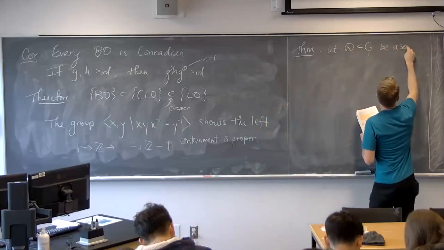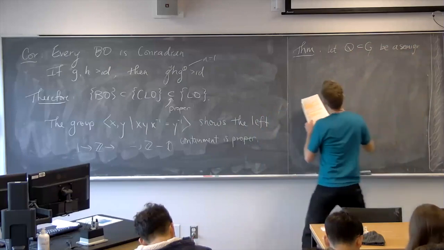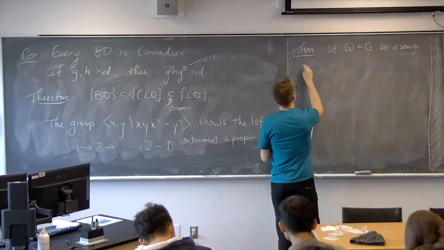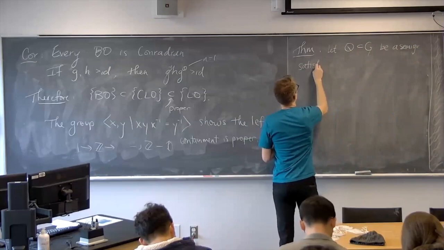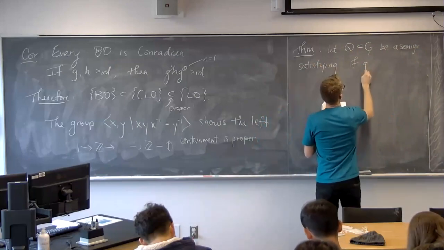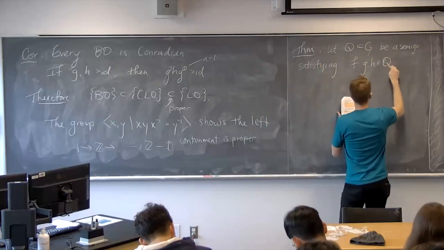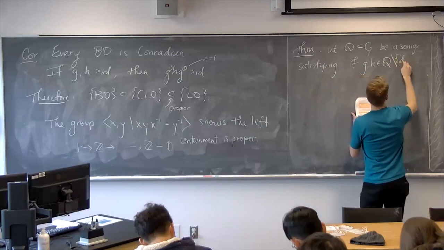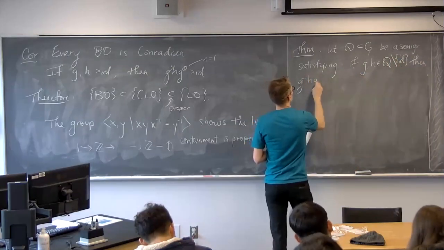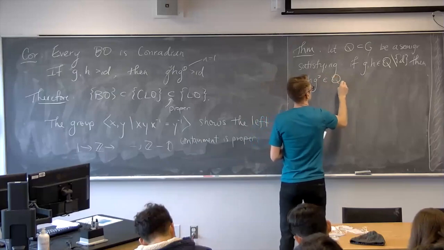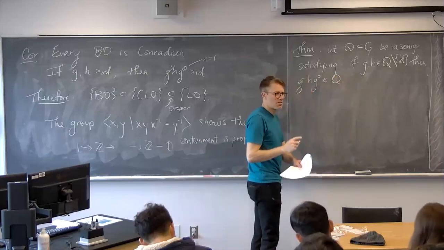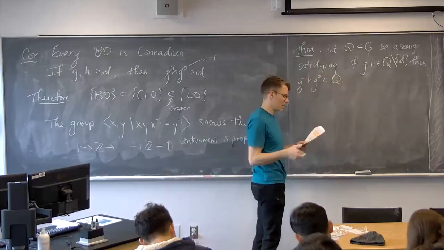Let Q be a semigroup satisfying: if g, h are in Q, not the identity, then g h inverse g squared is in Q. So start with that. Don't just start with the semigroup.